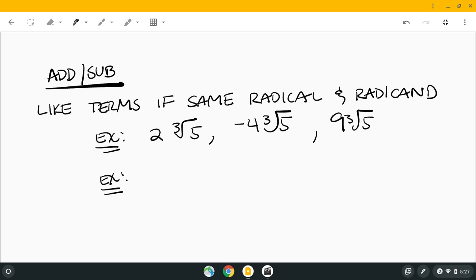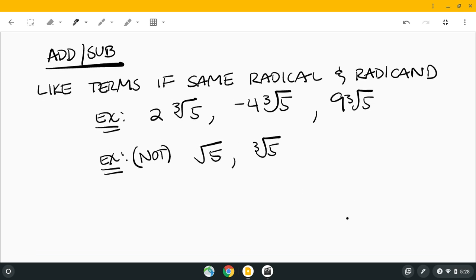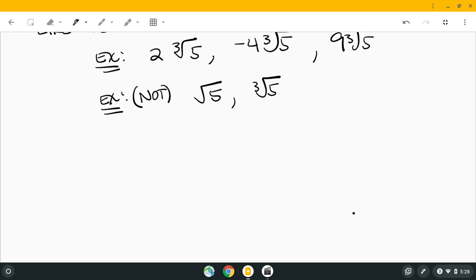Here's an example of not like terms. If you have square root 5 and you have cube root 5, not like terms. So they have to be the same radical. They have to both be square roots, like square root 5, or they have to be cube root 5, cube root 5, okay?